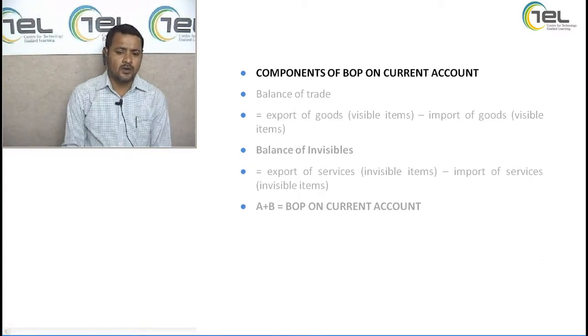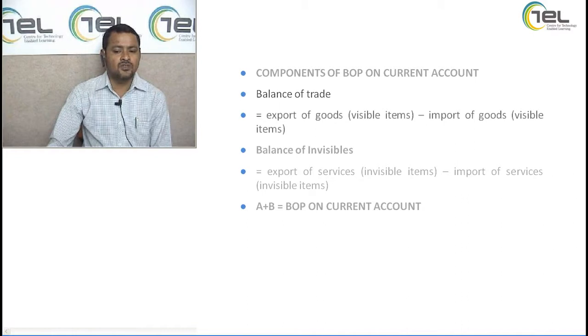Components of BOP on current account: you can see that the visible item is the balance of trade, BOT. BOT is export of goods minus import of goods. Obviously, goods are visible, that's the physical items. But the next term is the balance of invisibles.